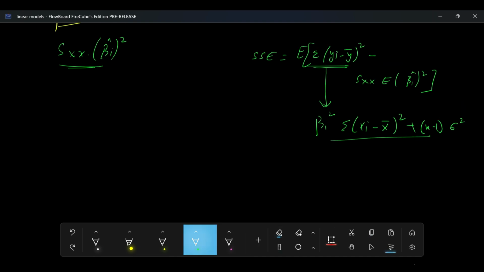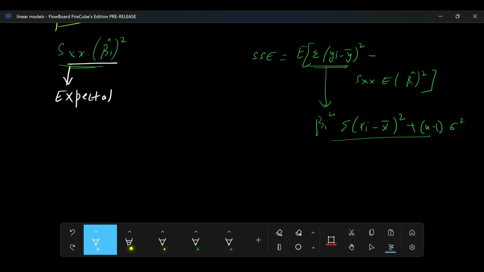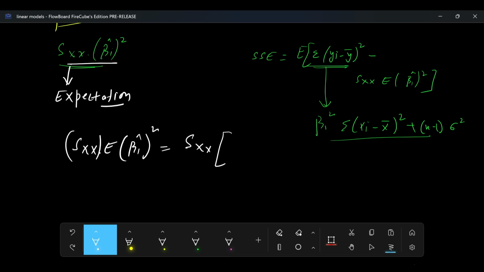Now see. Now operate expectation on both sides. So this is SXX expectation of beta1 hat square. This will be equal to SXX. What's expectation of beta1 hat square?